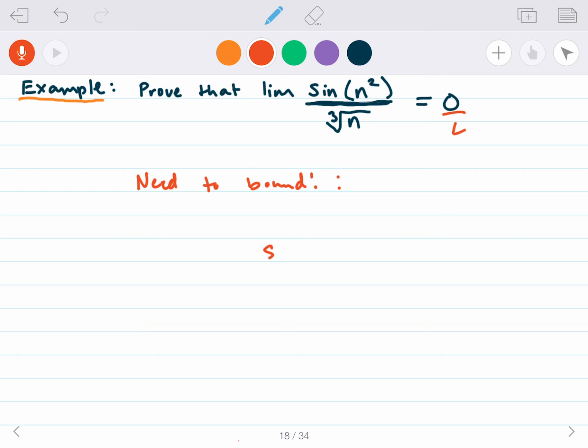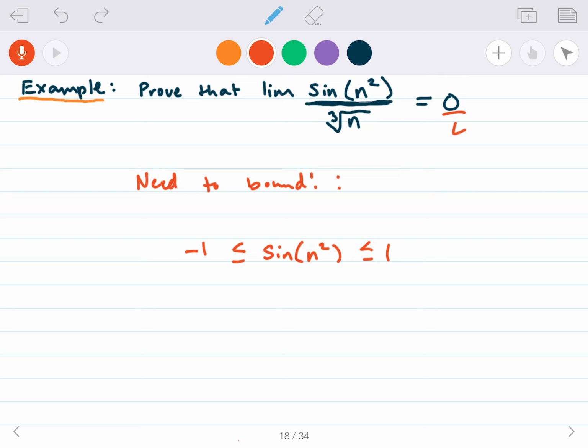I know that the sine of whatever is always going to be between -1 and 1. No matter what your angle is, the sine of an angle is always going to be between -1 and 1.